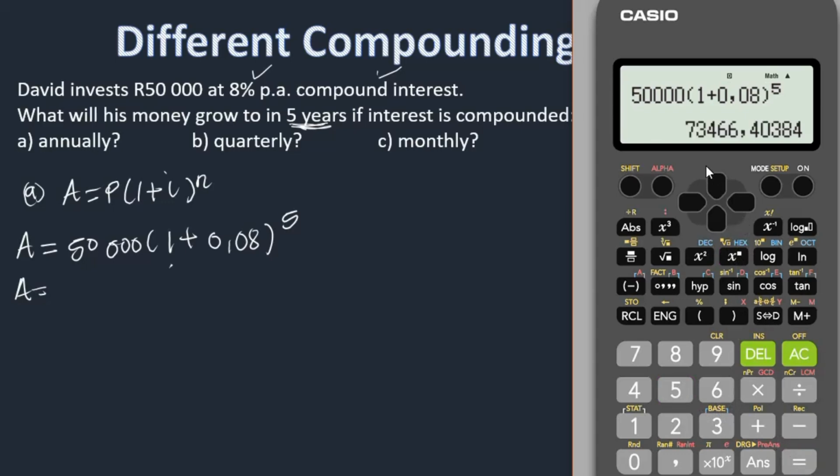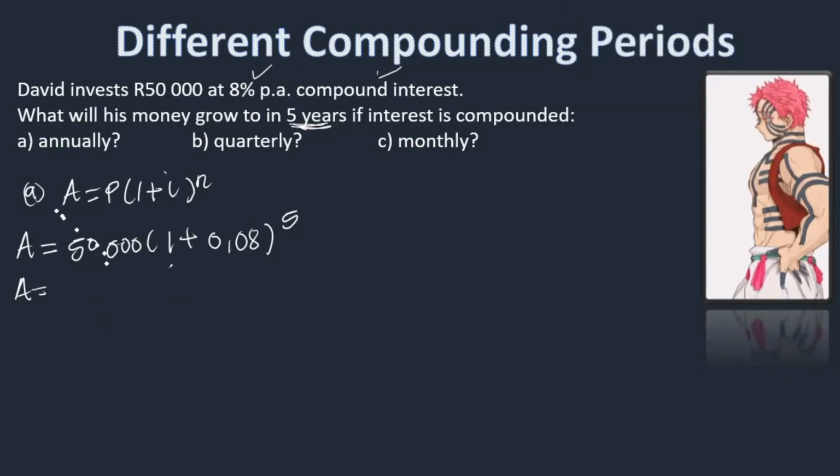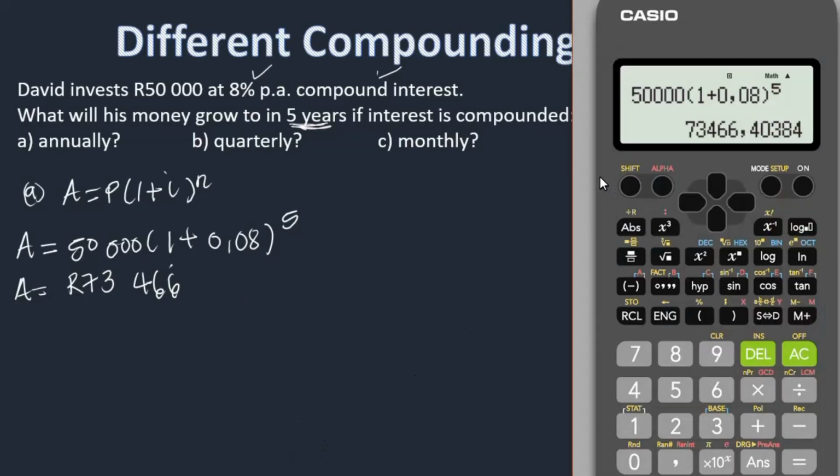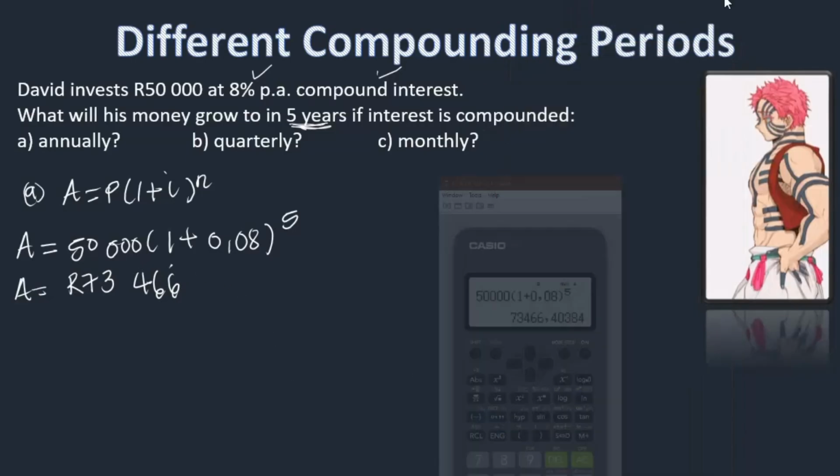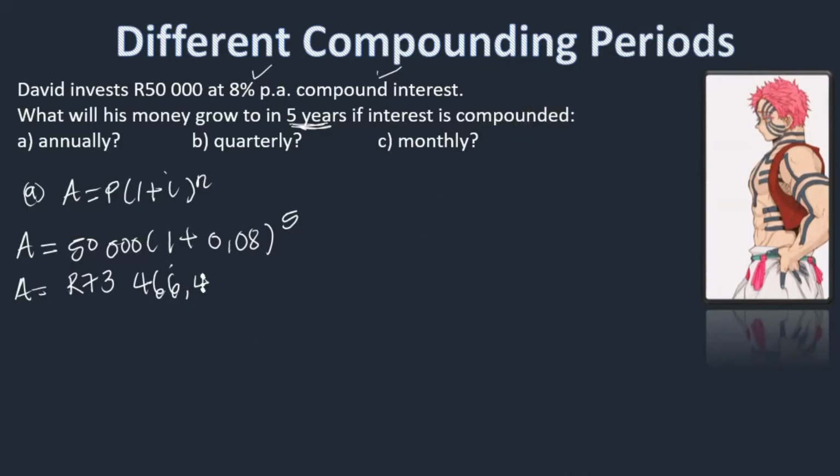It gives you 73,466. Any decimals? Comma 40. There we go, 73,466 comma 40.